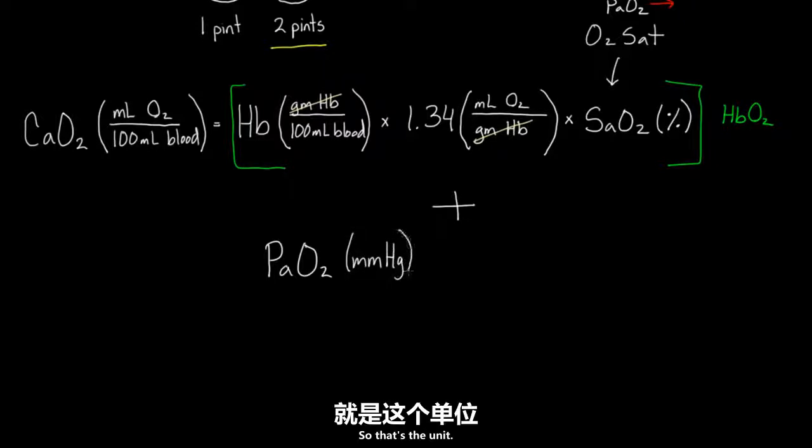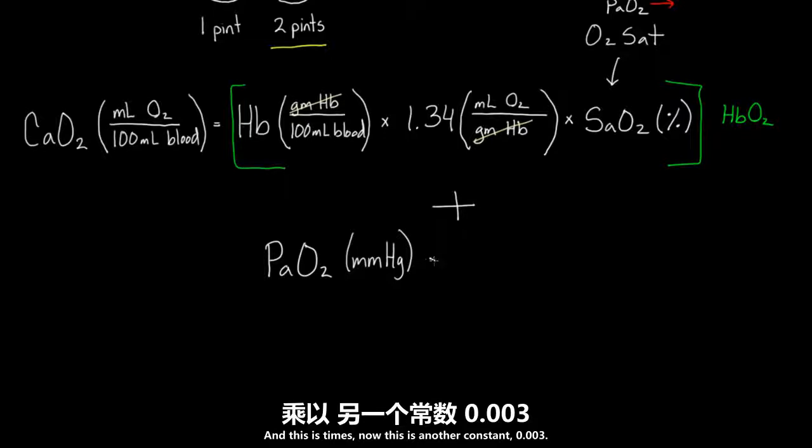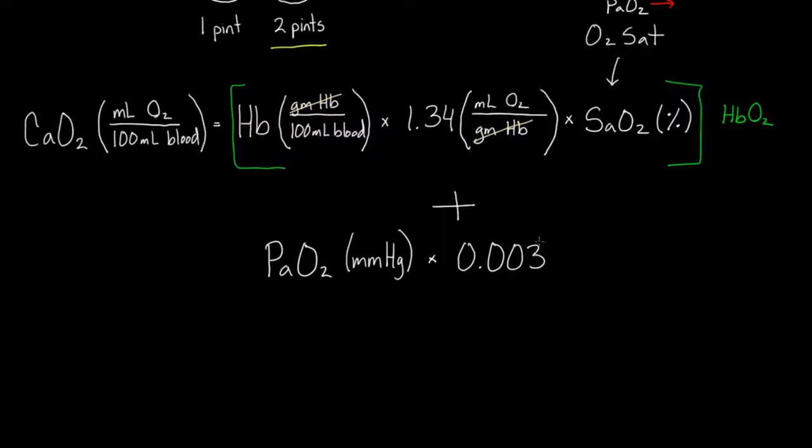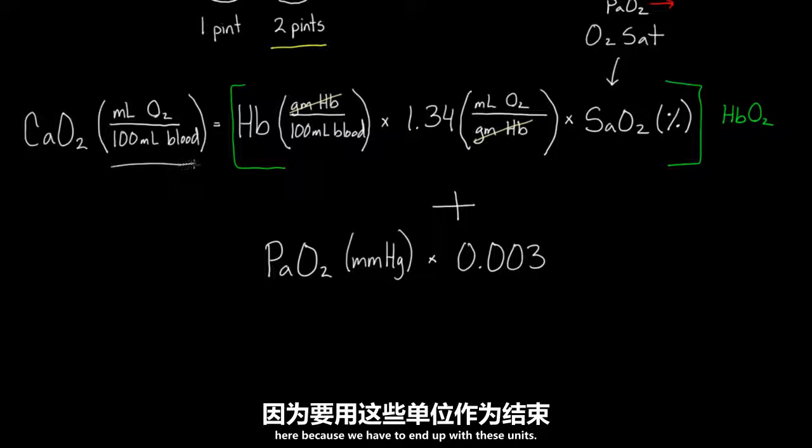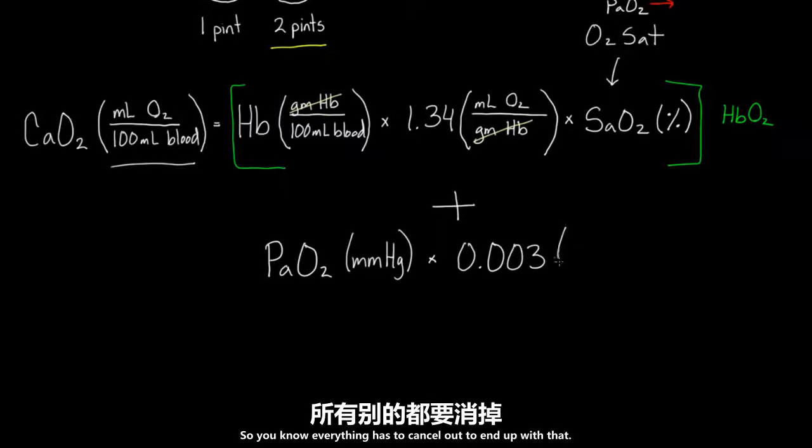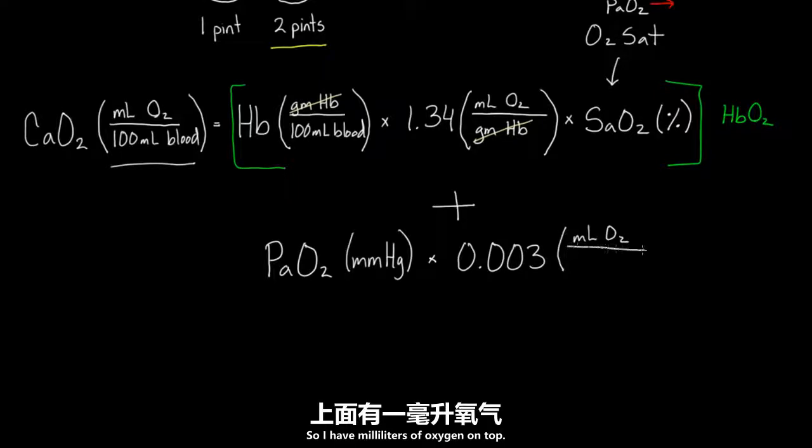So that's the unit. And this is times another constant, 0.003, and then keep track of the units here because we have to end up with these units, right? So everything has to cancel out to end up with that. So I have milliliters of oxygen on top, and I'm going to want to cancel my millimeters of mercury.